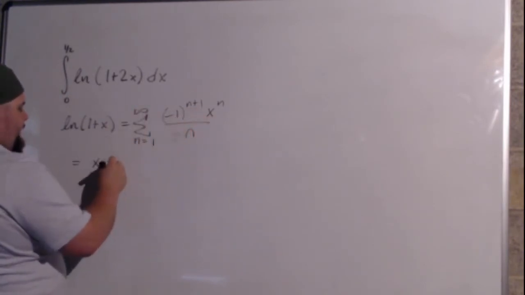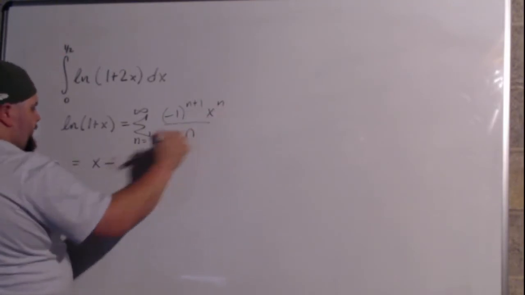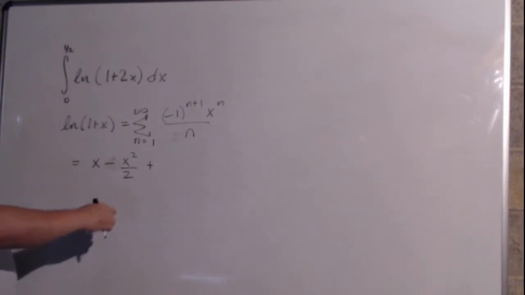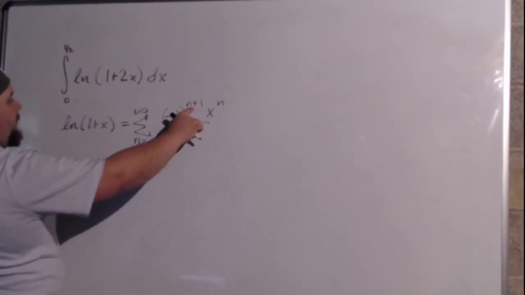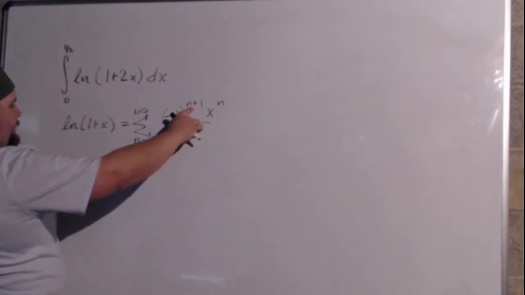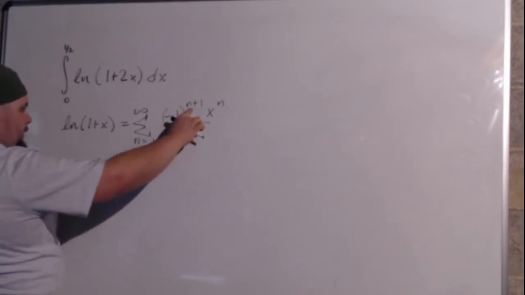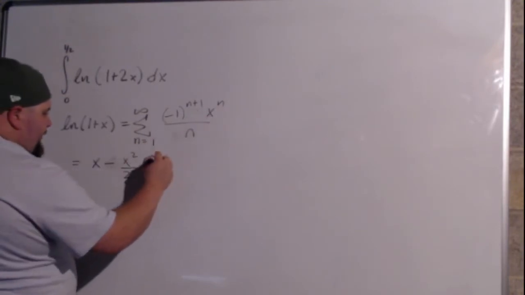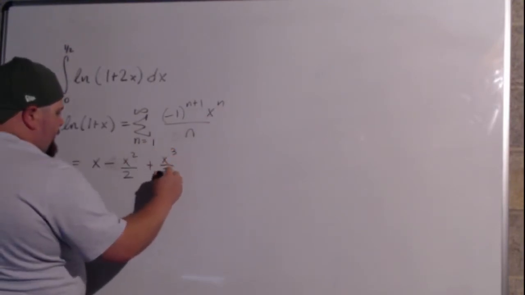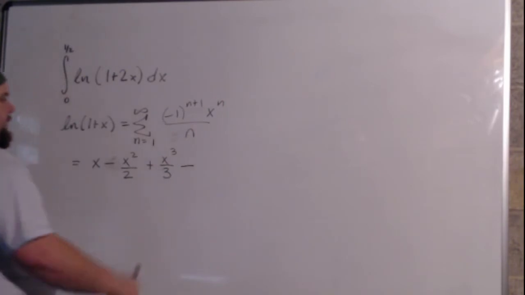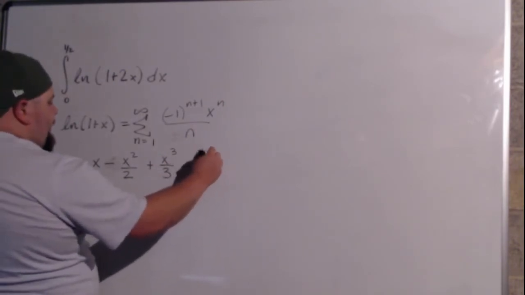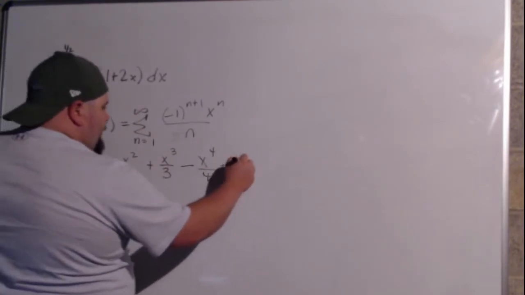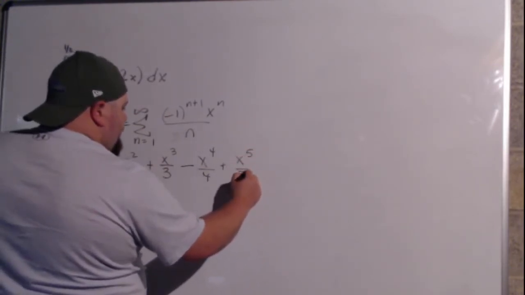So it's a negative x squared over 2. Then plug in 3, which will make this 4, which is positive x cubed over 3, minus, and we can see the pattern now. So 1, 2, 3, 4, 5 terms.